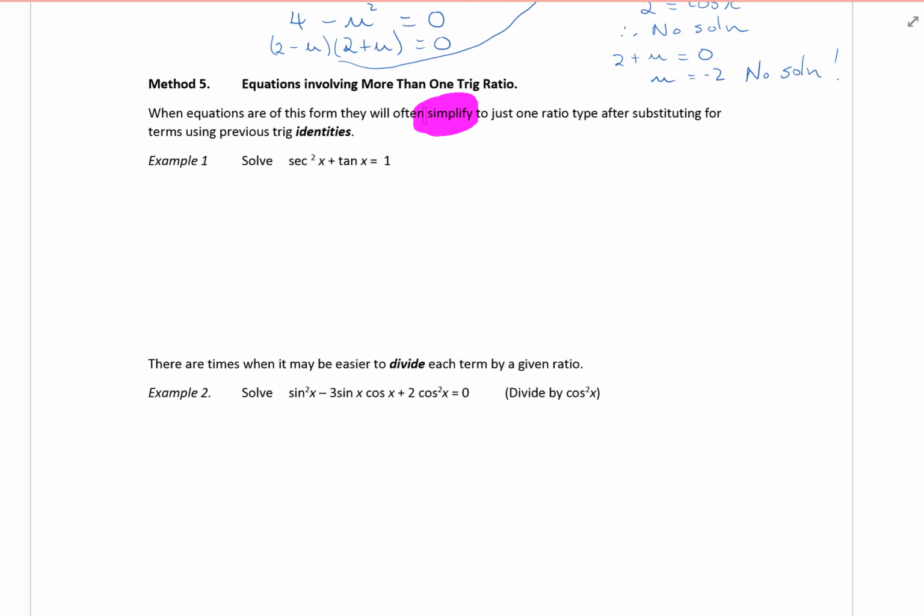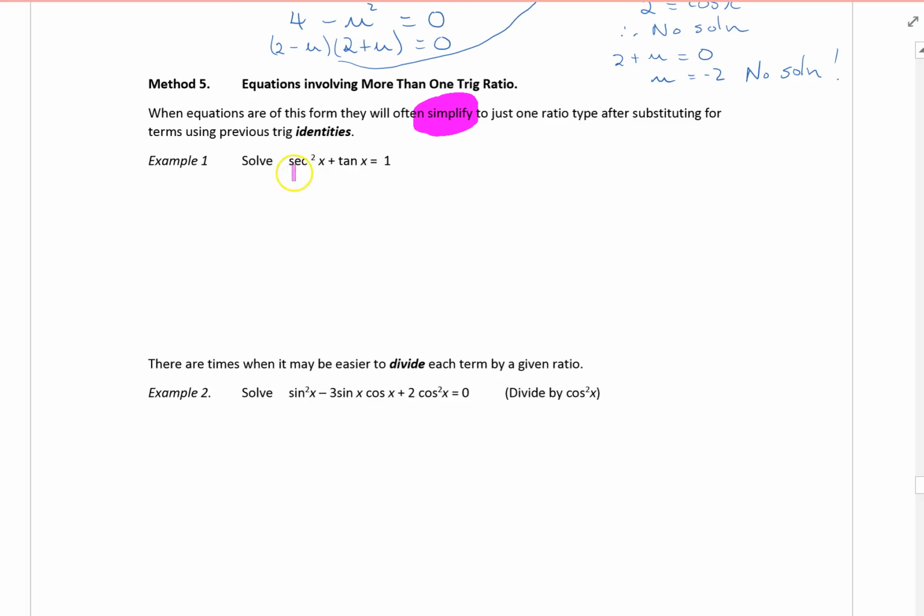So let's have a look at what we've got. The purpose of simplifying is we might be able to turn it into just a single trig ratio, and then we can use methods 1, 2, or possibly 3 when we've got our equation just in terms of one type of trig ratio.